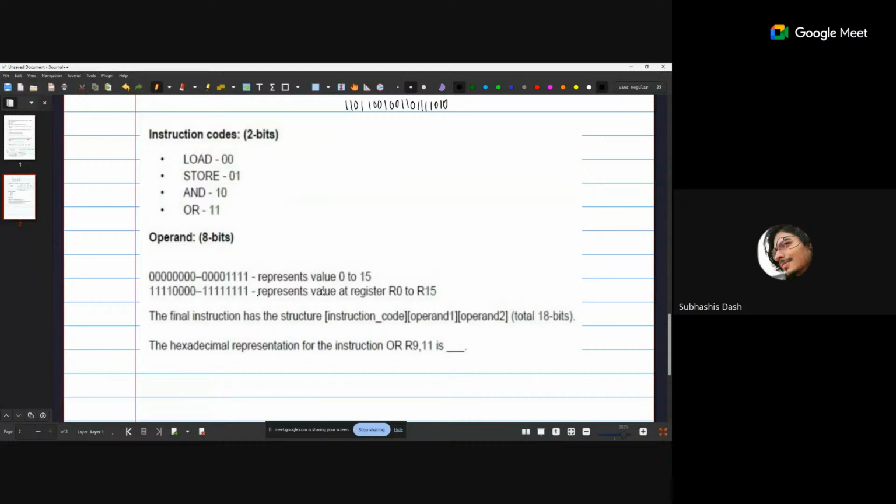I believe you guys might have seen RISC-V and stuff like that. So firstly, we have this one.